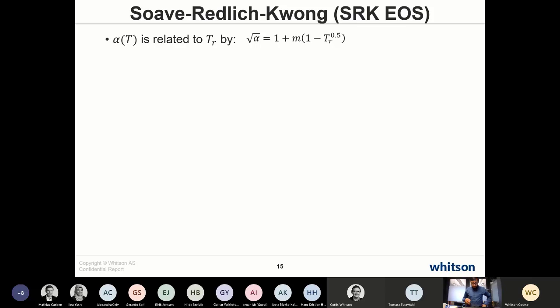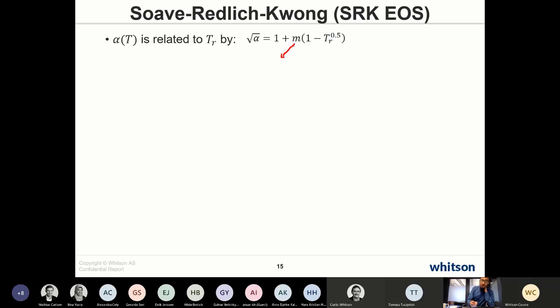Okay, so what Curtis is saying here is that when Soave started plotting that data, he found that there was a linear relationship between the square root of alpha versus the square root of the reduced temperature, and M was the slope.